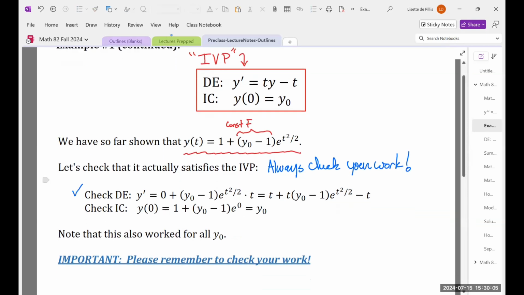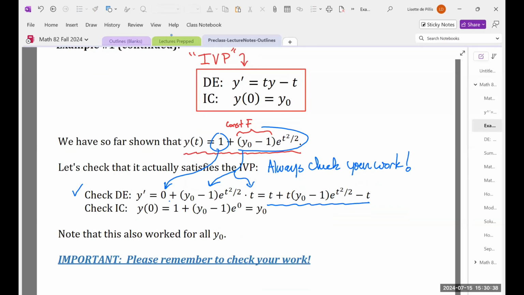So if you check the differential equation, take my solution, y prime, plug that in, and you take the derivative of 1, that's 0, so that works out. You take the derivative of my y naught minus 1 e to the t squared over 2, this whole thing here, and that gives me that. That's just taking derivatives. Now we check that the derivative of our solution actually satisfies the differential equation.